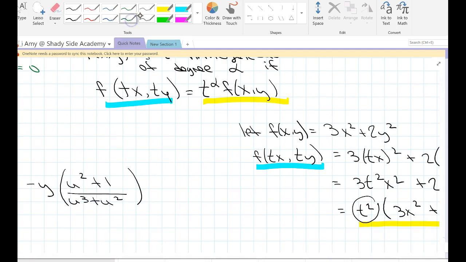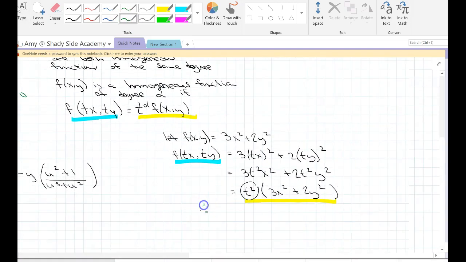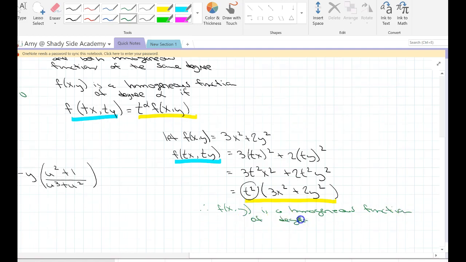Therefore, the function f of x,y is a homogeneous function of degree 2.